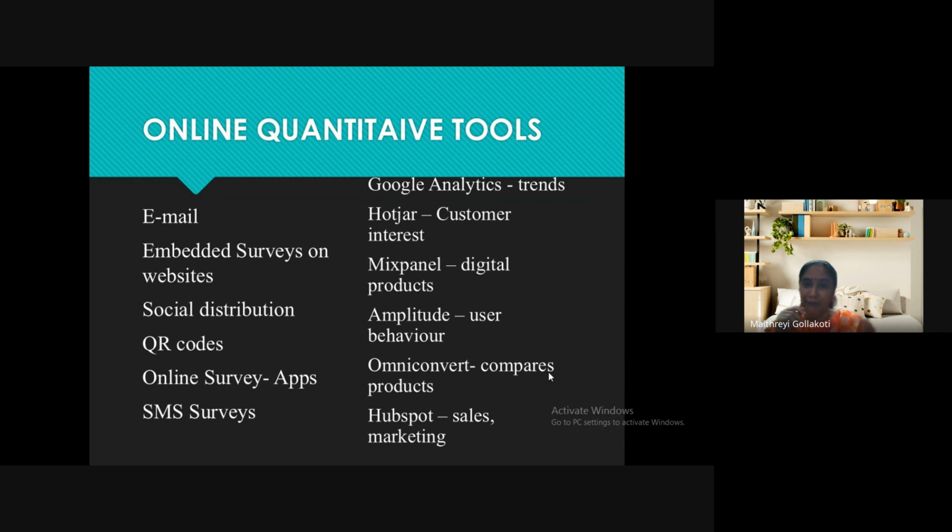So you can add 4 or 5 phones to the list and get a comparison. Now that is possible because of the online quantitative tools. And next, HubSpot. HubSpot is actually for marketing people and sales people, because it studies sales and marketing.